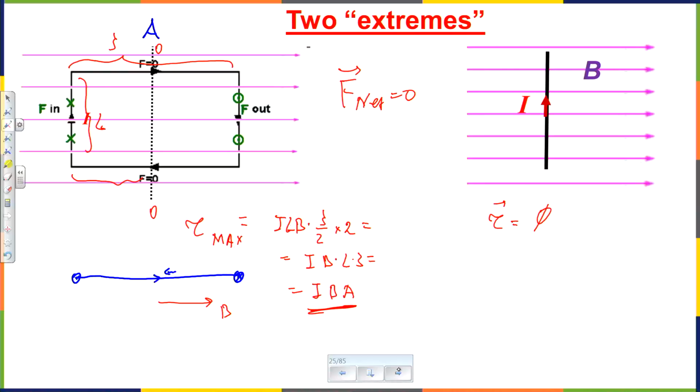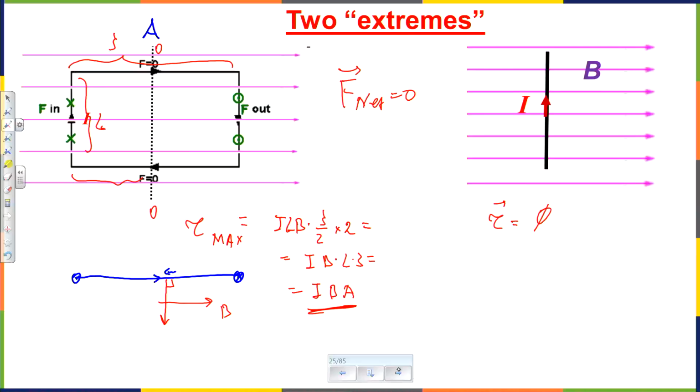So to demonstrate the mutual orientation between the loop and magnetic field, we don't use the loop, we use the normal to the loop. And this angle might differ. And here, if I draw the normal, it should be a vector pointing like this.